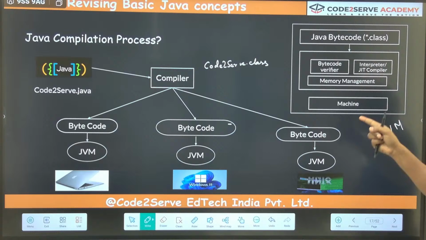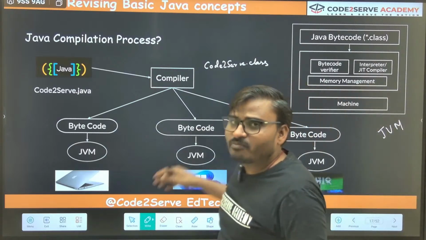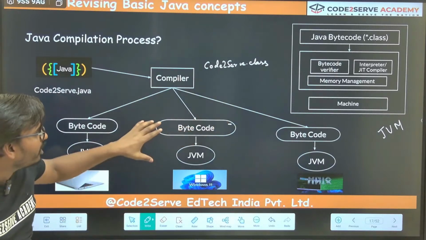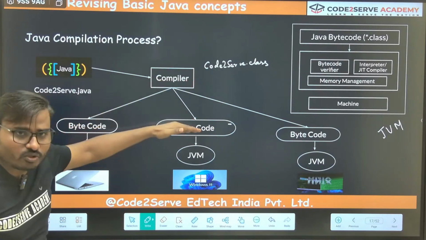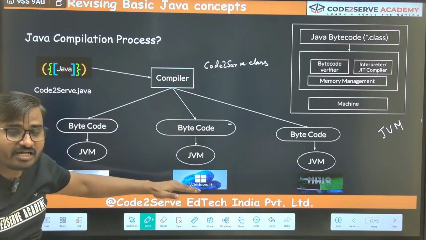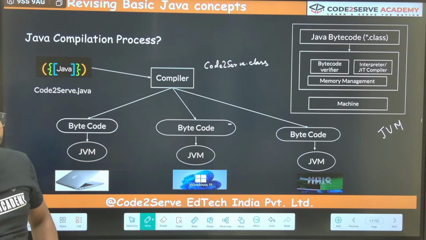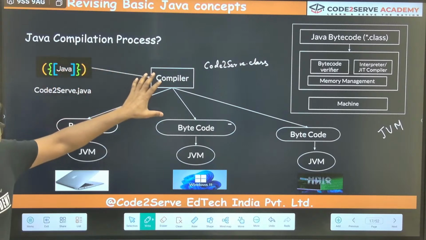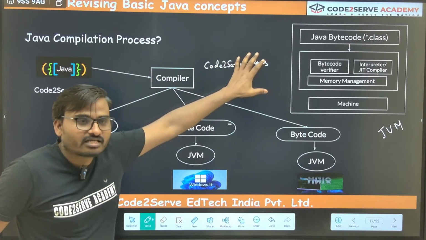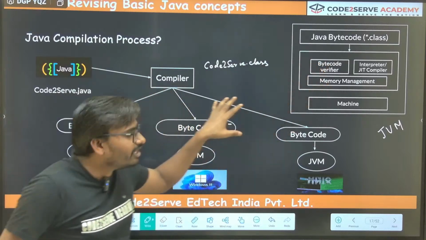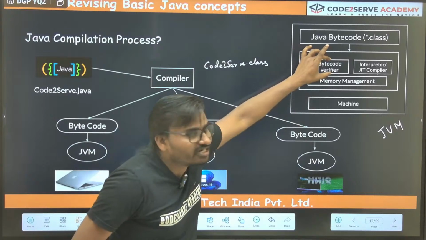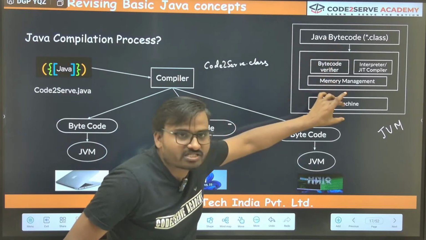It is the responsibility of the JVM to convert this bytecode into a dependent machine code. What I mean is, you wrote in one language, clicked on compile, it converted into .class, which I told you is bytecode. Now the JVM is going to convert this bytecode into machine code.